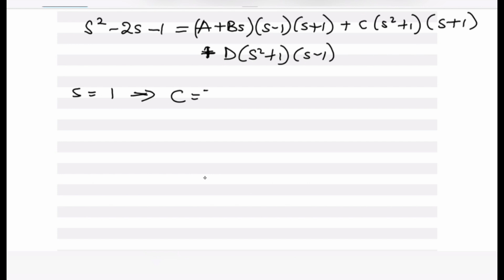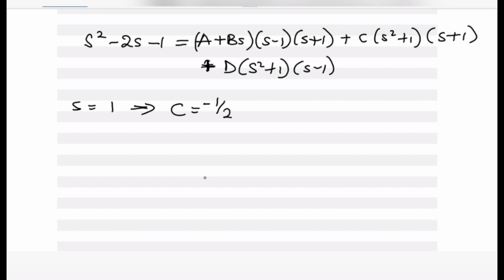I can show you that. If s is 1 here, we have 1 minus 2 minus 1, which is simply negative 2. This will be equal to, if s is 1, this term will be 0 and this term will be 0, so all we have left is c.